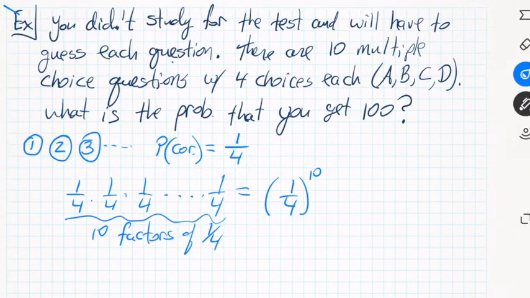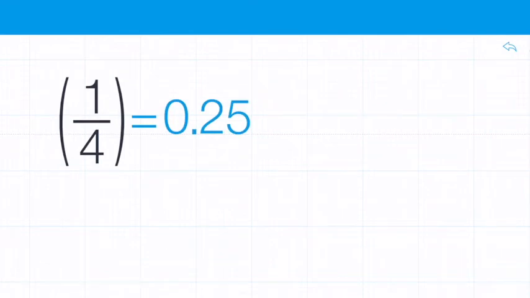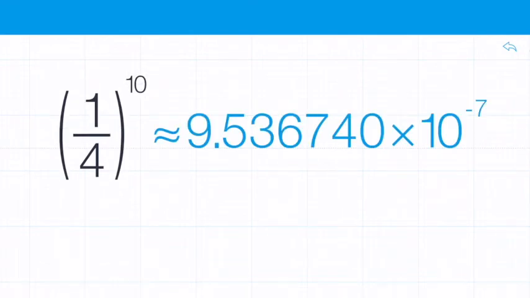So if we type that in our calculator, 1/4, notice parentheses even here is really important, raised to the 10th power. And you'll notice, it's 9.5, so you're thinking, oh, it's pretty high percent, until you get to the end of the number when it says times 10 to the negative 7. On your calculator, it'll say e negative 7, and you have to understand that that's a very small number.